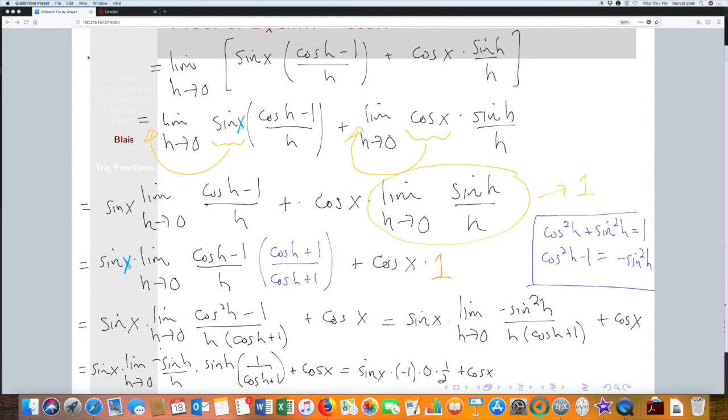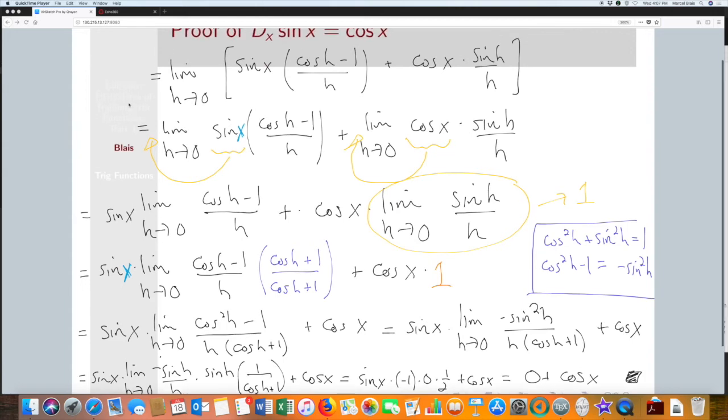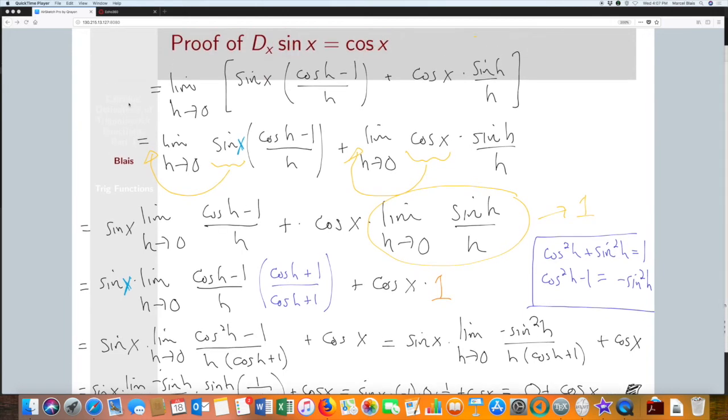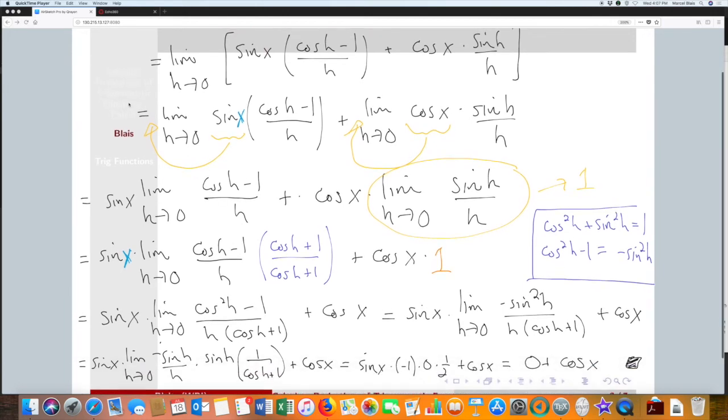But of course, this 0 annihilates that term, and so we just have 0 plus cosine of x, which is what we wanted to show. So this proves that the derivative with respect to x of sine of x is in fact equal to cosine of x.